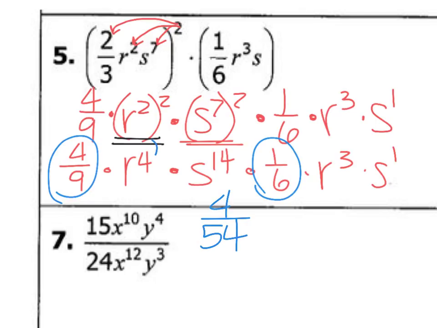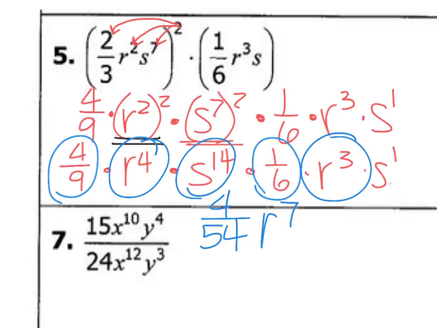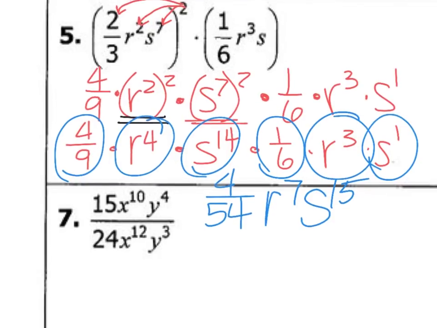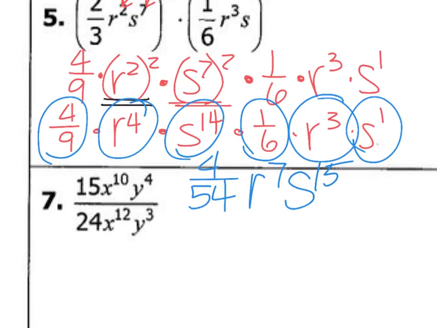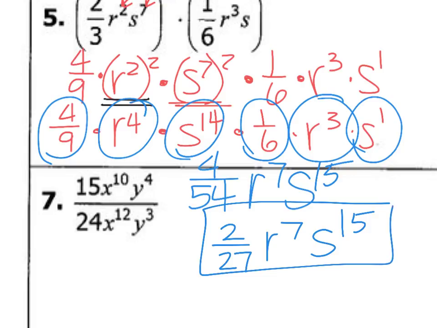Then we do the r's together, and we add the exponents here because this is product rule. So r to the 7th power, and the s's together give us s to the 15th power. Now 4/54 we can simplify, so we can divide top and bottom by 2, and we get 2/27, r to the 7th, s to the 15th. And that would be our final answer.